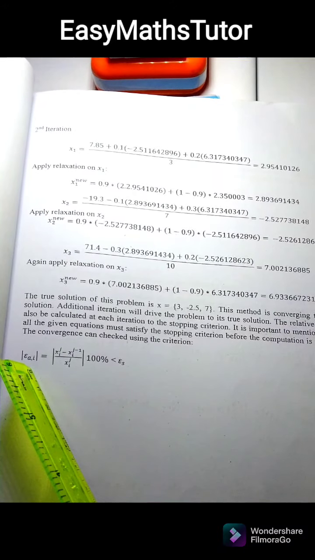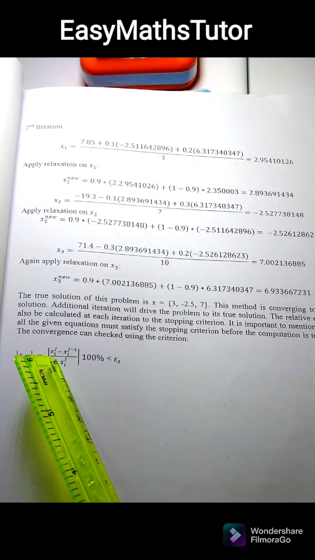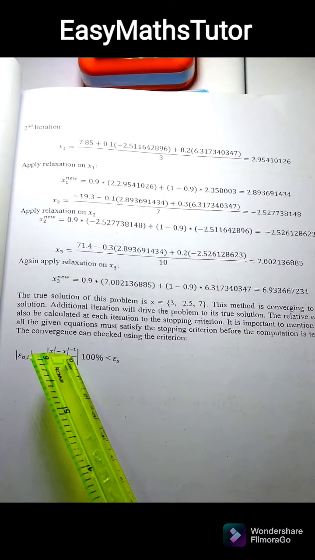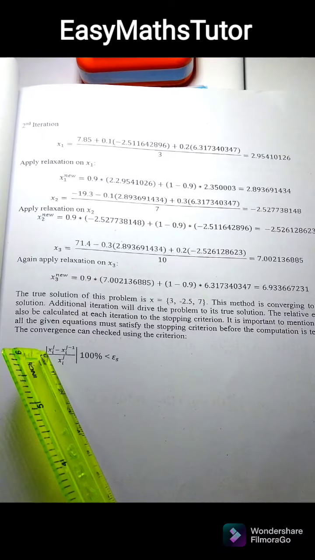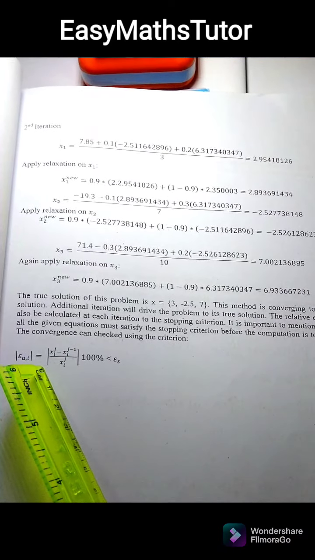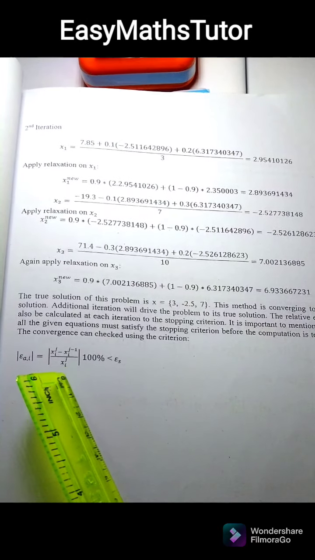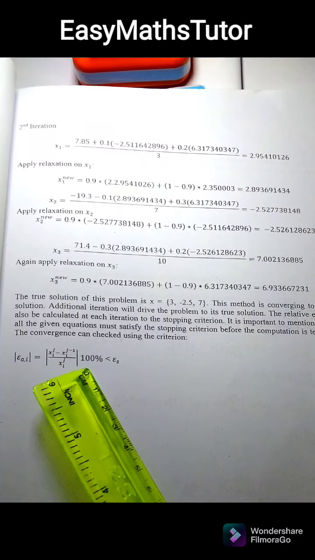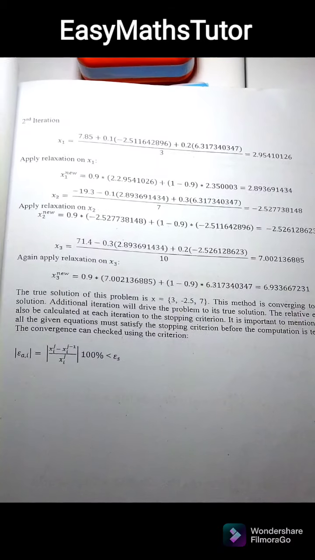So this is the formula we use to check the error: the old value of x minus the new value of x, all over the new value of x. The absolute value sign shows that the negative sign will not be considered, just the magnitude, times 100%, which should be less than the given criterion.